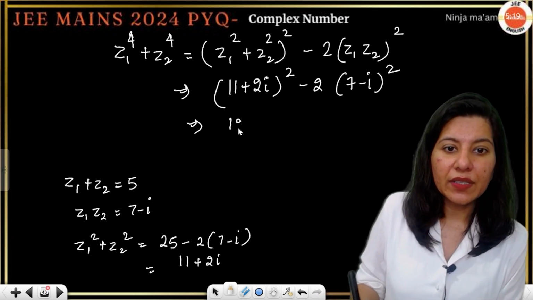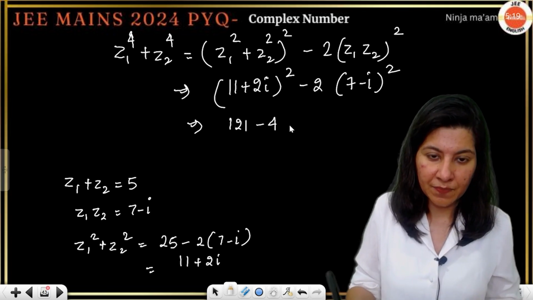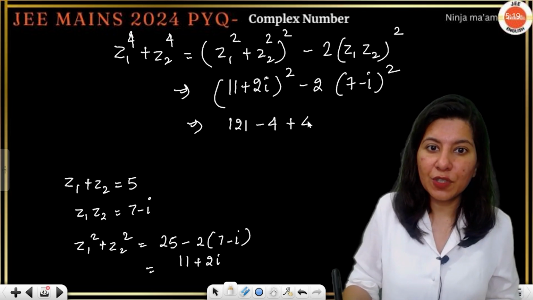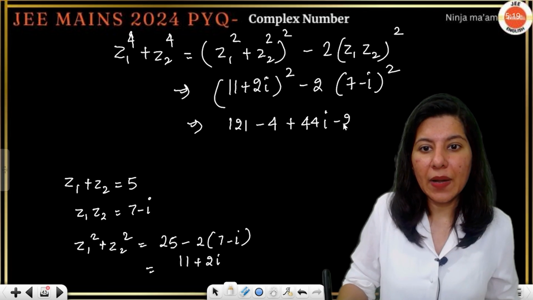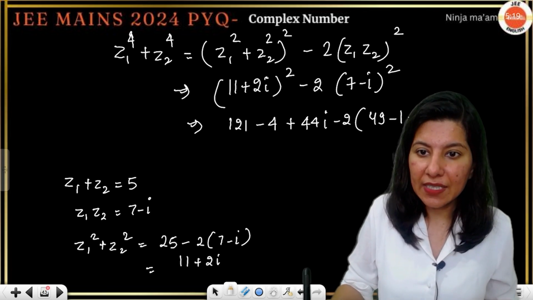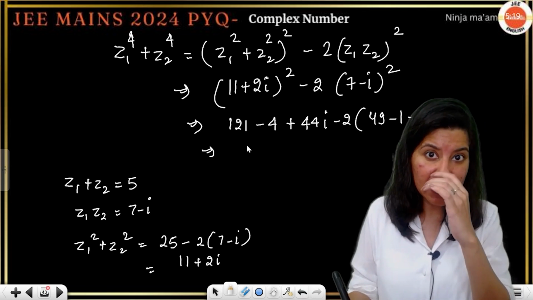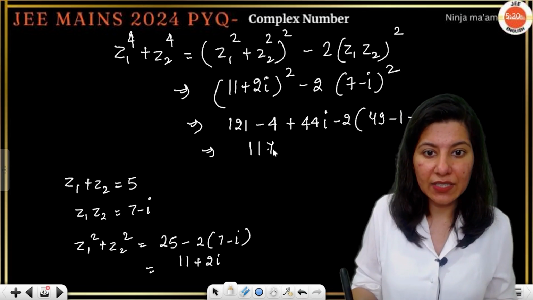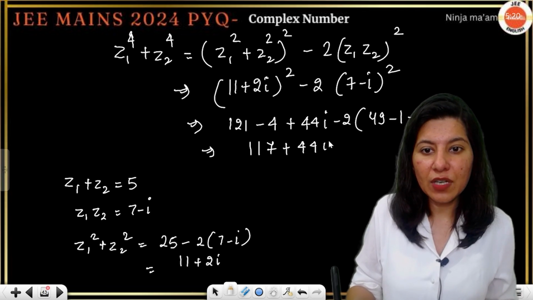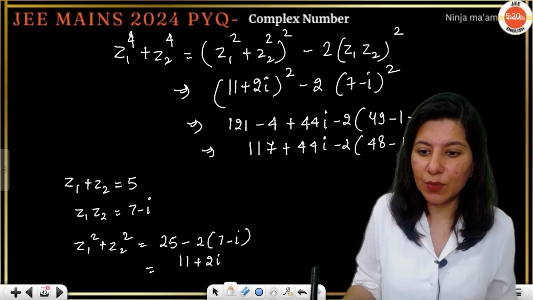So now this is 121 plus 4 iota square, so minus 4, plus 44 iota, minus 2 times 49 minus 1 minus 14 iota. 121 minus 4 is 117 plus 44 iota minus 2 times 48 minus 14 iota.